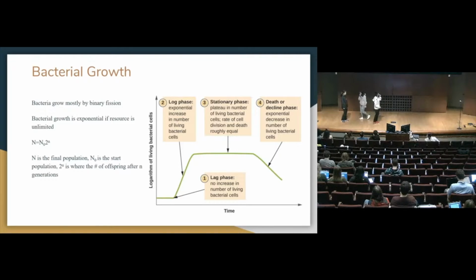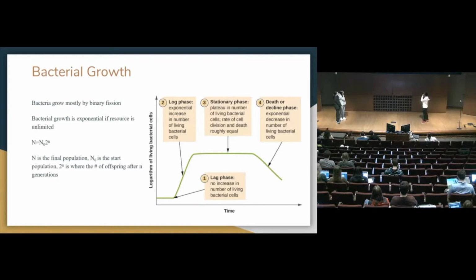So now I guess it's important to know a little bit about how bacteria grow. Bacteria grow basically by binary fission, and that's why their growth is expected to be exponential if resources are not limited. When you are actually growing bacteria in a limited-resource environment, there are 4 stages of growth.